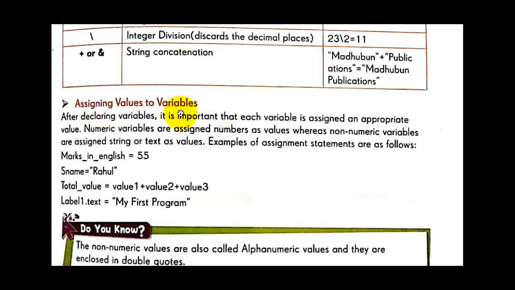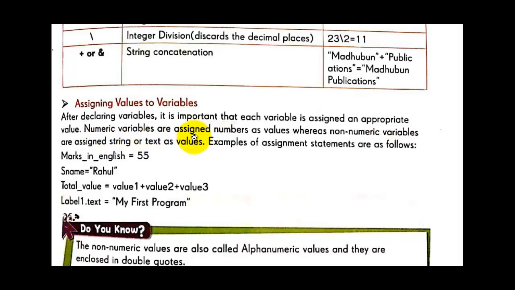Now we can assign values to a variable. There are two types of variables: numeric variables and non-numeric variables. After declaring variables, it is very important that each variable is assigned an appropriate value.